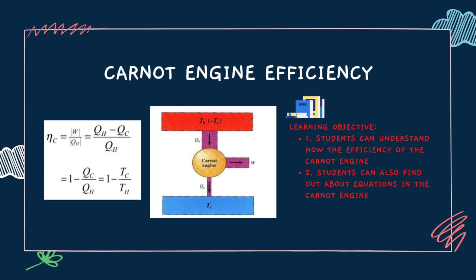Efficiency e_C is equal to the absolute value of work per absolute value of QH, which is equal to QH minus QC per QH, equal to 1 minus QC per QH, equal to 1 minus TC per TH.